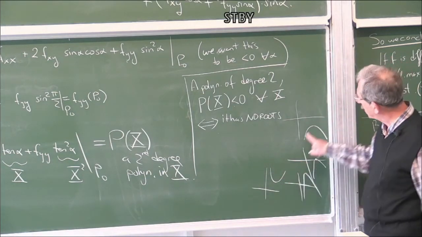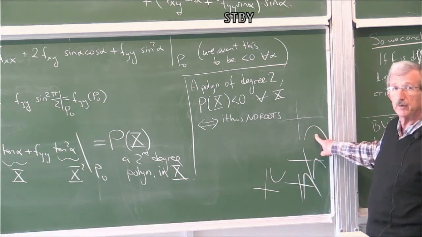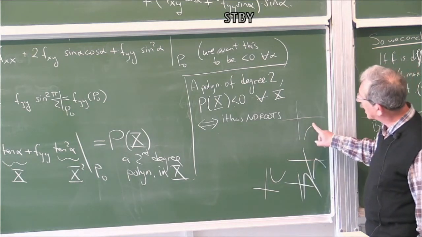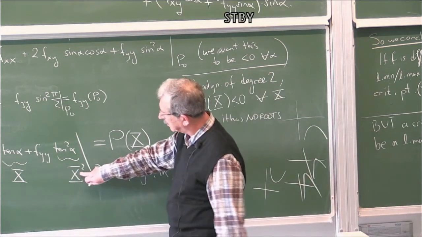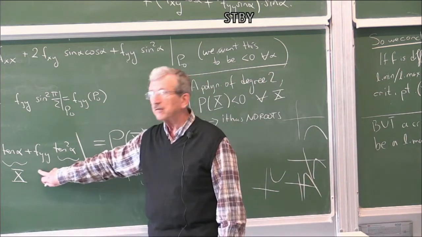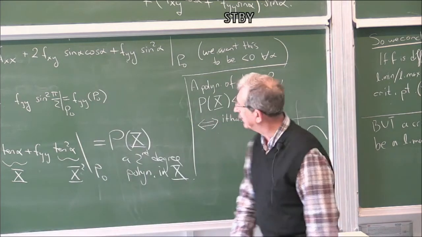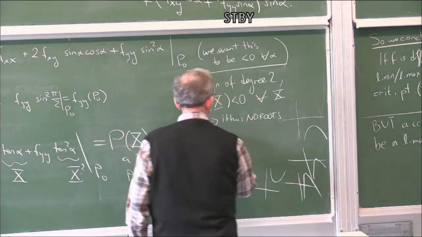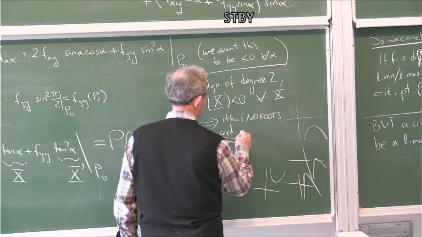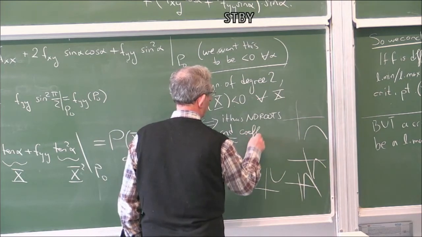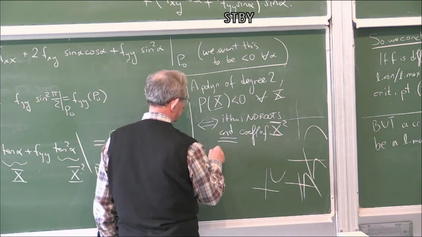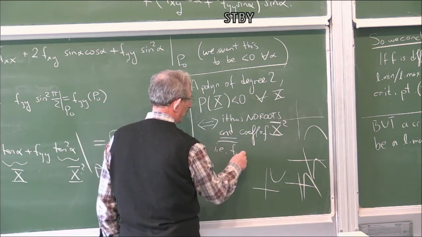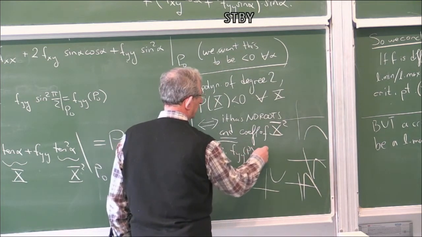However, okay, I want it to be negative all the time. Well, this is guaranteed if the largest powered term has a negative coefficient. So, and, okay, coefficient of x squared, that is f_yy at P0 is negative.